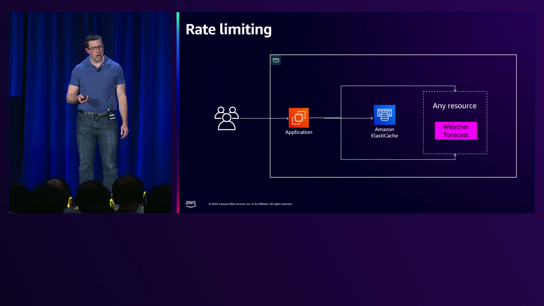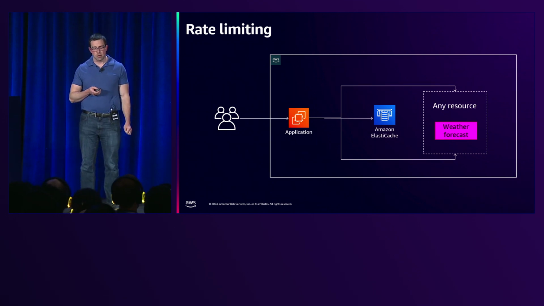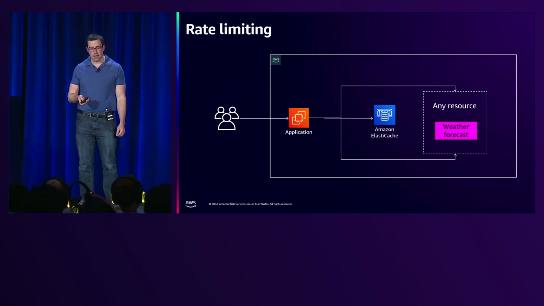We could do it on each of our applications, but in a distributed application, there's no way to synchronize the rate limiting functionality between them. And so for that, we can use Amazon ElastiCache, sort of like we saw for the session store use case, of being able to have them all synchronized on the back end.